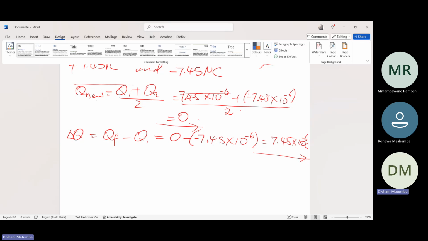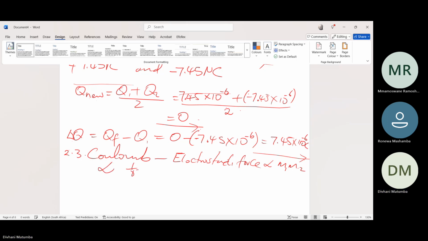And 2.3, Coulomb's law. Coulomb stated that the electrostatic force is directly proportional to Q1, Q2, and inversely proportional to the square of the distance between their centers.